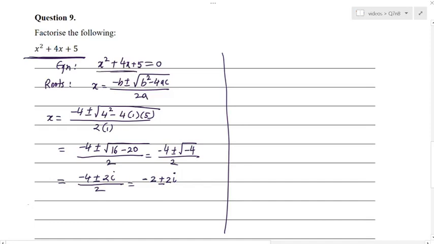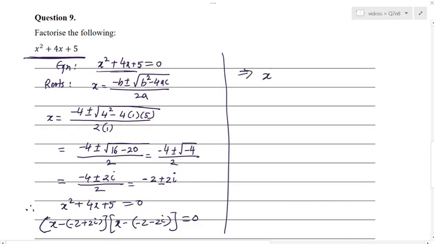All right, so therefore x squared plus 4x plus 5 equals 0 becomes x minus 2 plus 2 iota, x minus 2 minus 2 iota equal to 0, and that implies that x squared plus 4x plus 5 can be written as these two factors.